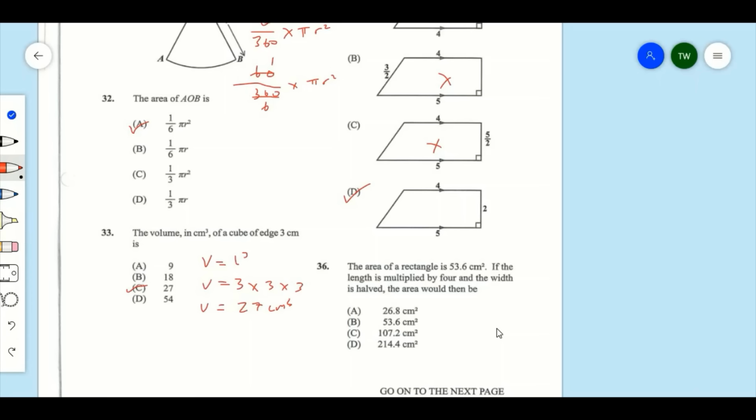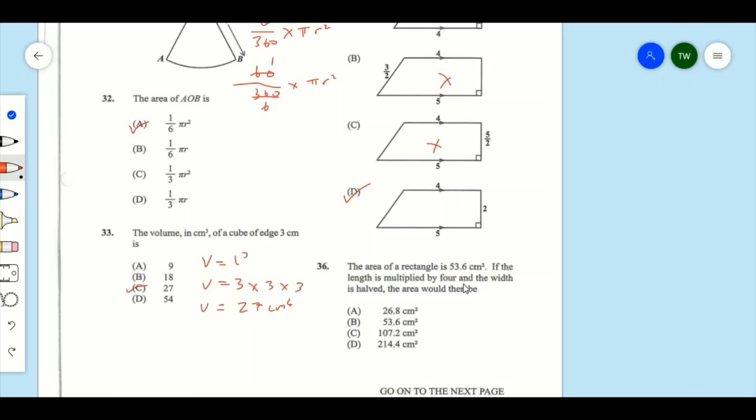Item 36. The area of a rectangle is 53.6 square centimeters. If the length is multiplied by 4 and the width is halved, the area then would be. Now when you think about this, you calculate the area of a rectangle by multiplying the length times the width.